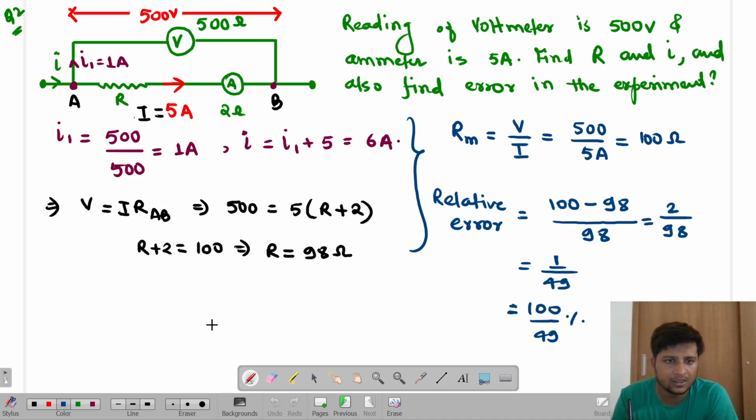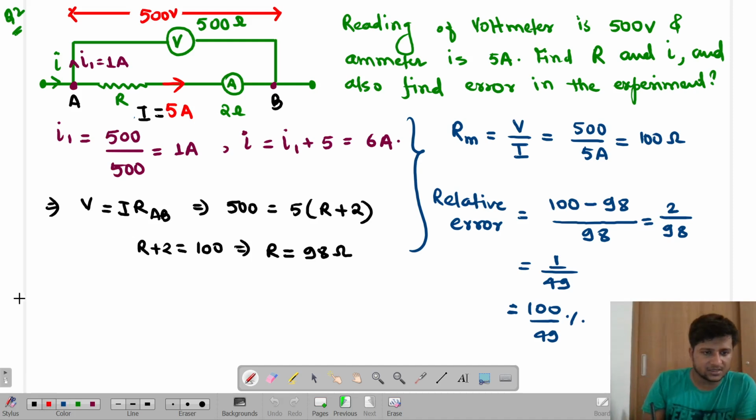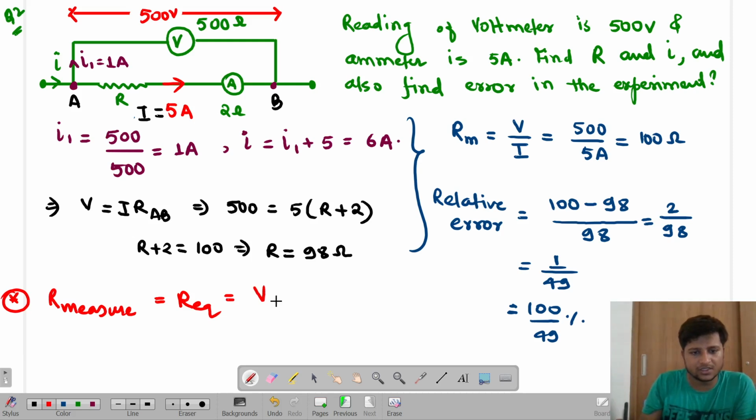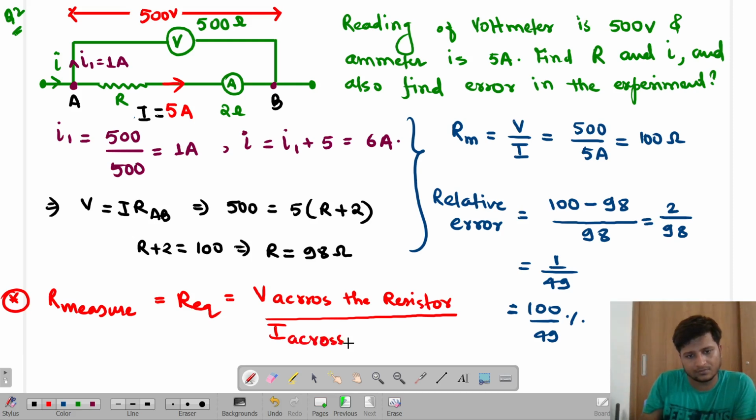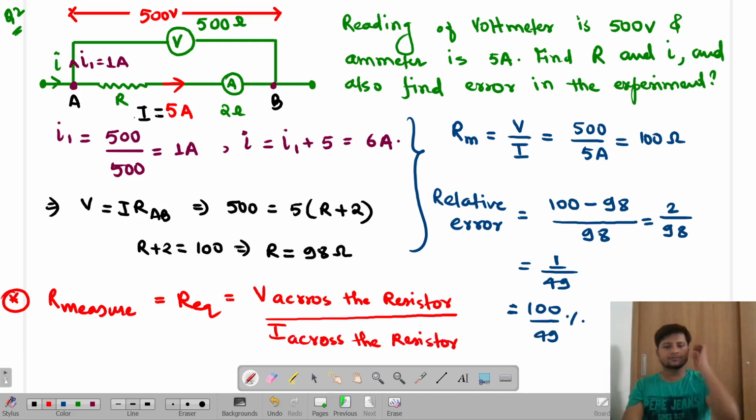Got it? So remember, when I tell you to find the measured value, always find the R equivalent, or you can also find the voltage across the resistor divided by the current.